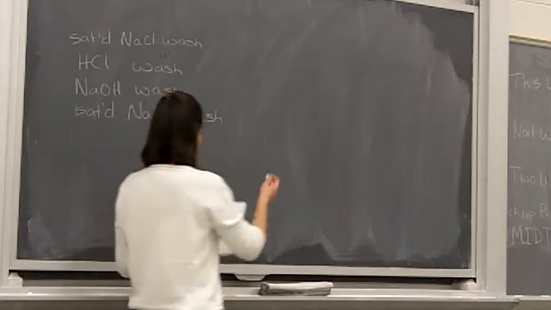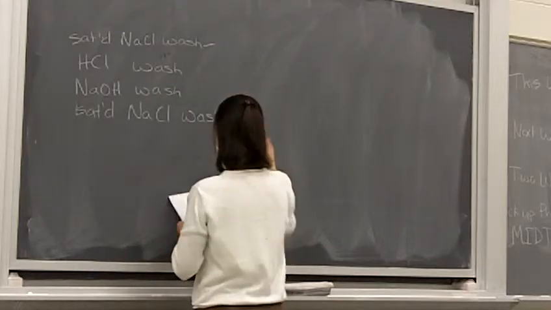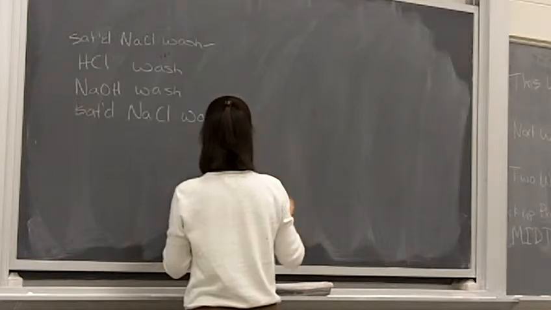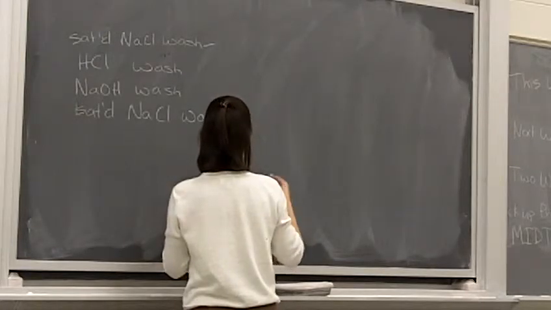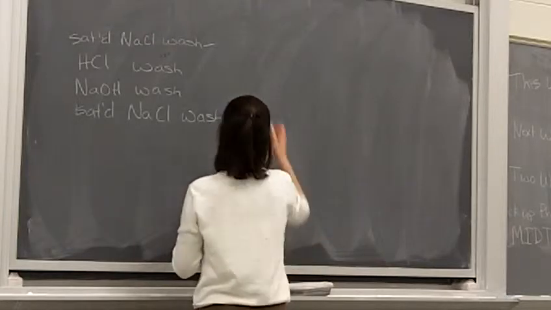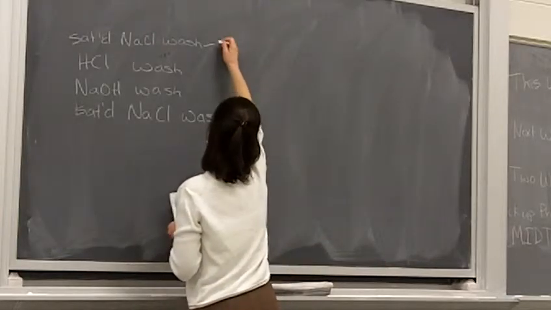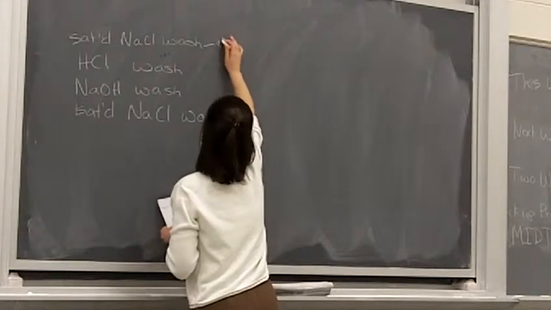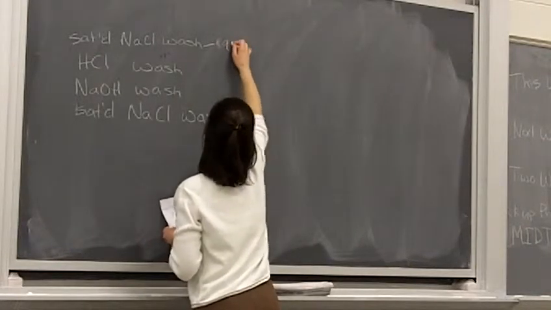So this first wash we're doing because we need to get rid of whatever remaining acid chloride is left, okay? So we need to basically kill or quench your acid chloride, and quench your reaction.